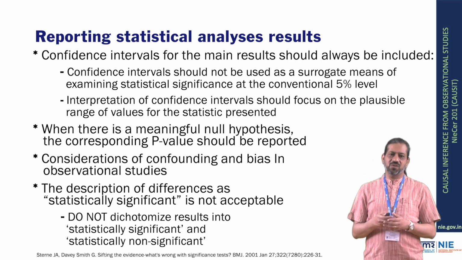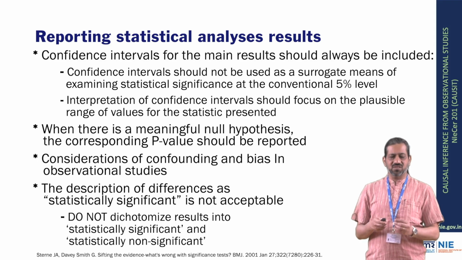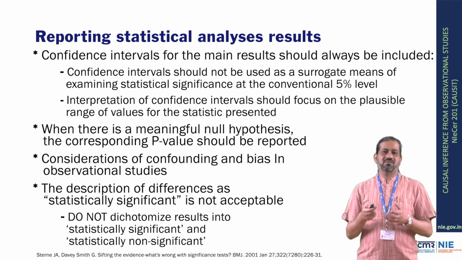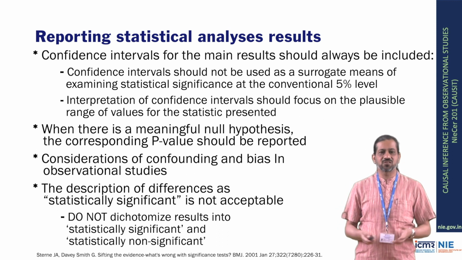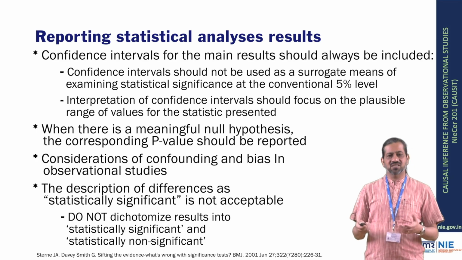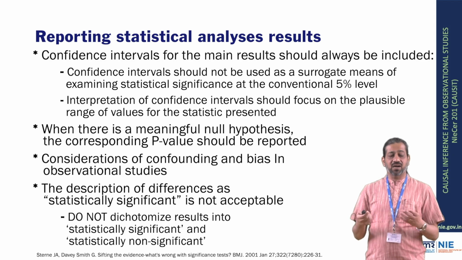But p-values should be used only if we think that there could really be a true null hypothesis and it is not just hypothetical. When we are making inferences related to causality, related to the effect of an exposure on an outcome, it is again not just about either the confidence interval or p-value. We also need to see how the study was done.